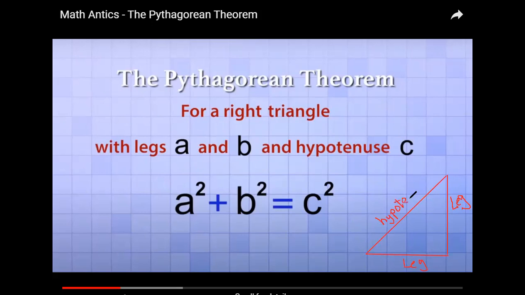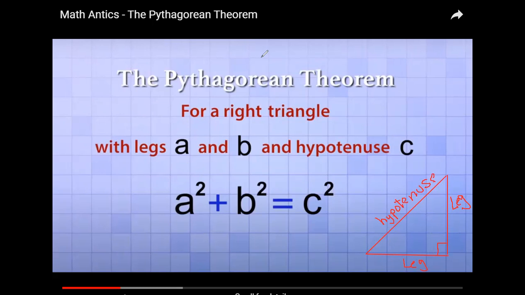Okay, so the longest side in a right angle triangle is called what? It's called the hypotenuse, right? So we have to work only with a right angle triangle, the two sides around the right angle are called legs, and the longest one is called the hypotenuse.